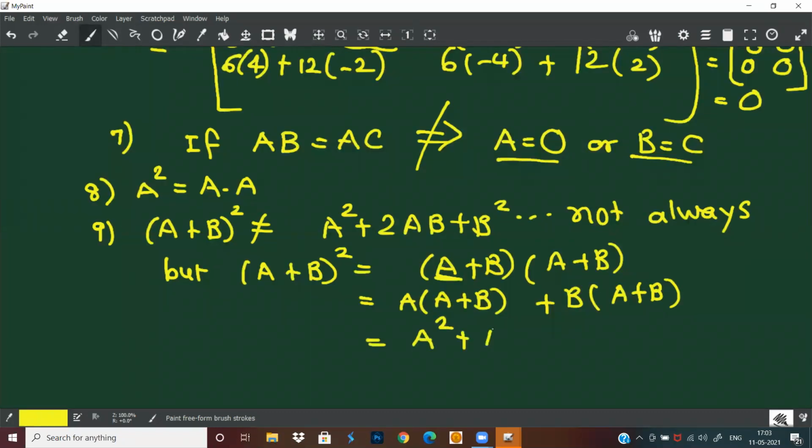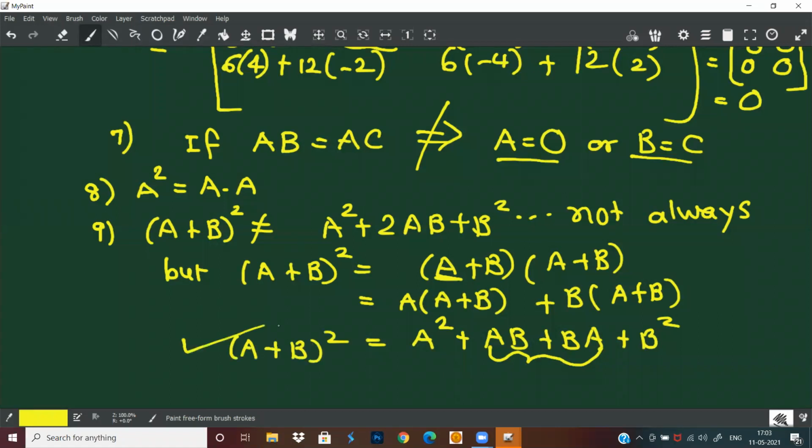A square plus AB plus BA plus B square. अगर ये दोनों equal है तो ही 2AB और 2BA. Otherwise A square plus AB plus BA plus B square. Remember that. Okay.